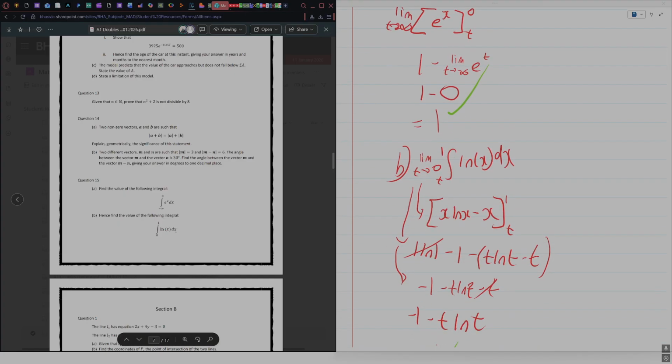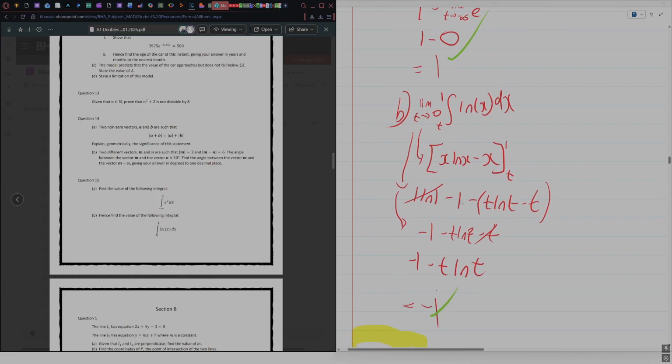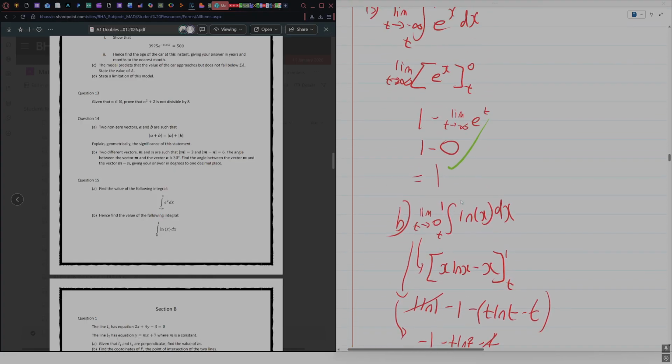Then it wants you to find, it does say hence actually, so you can't do this normally, like I did, but you kind of just have to say, because if you think about it, ln is also improper, which basically means the area is infinite, or it happens at an asymptote.